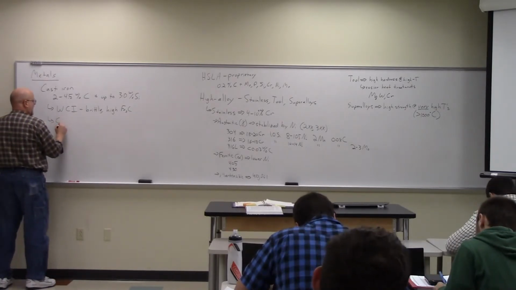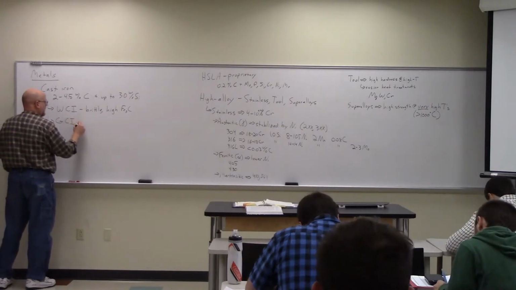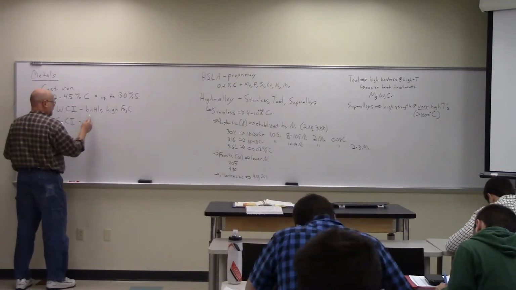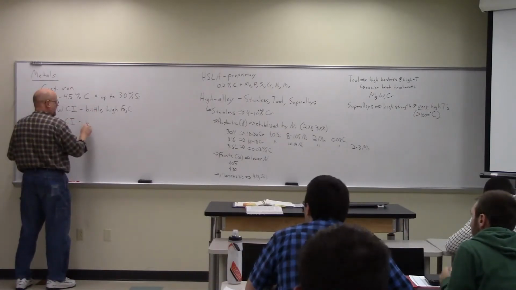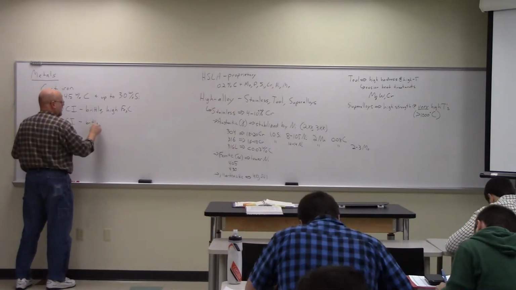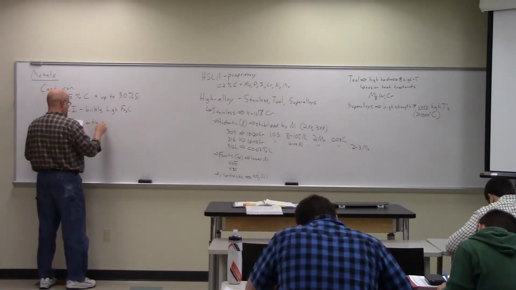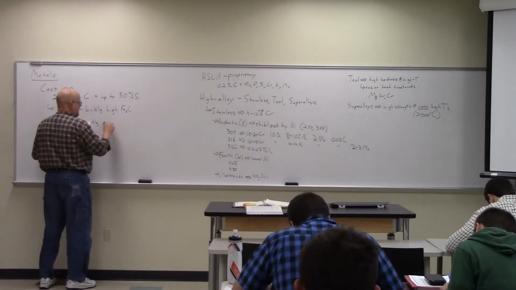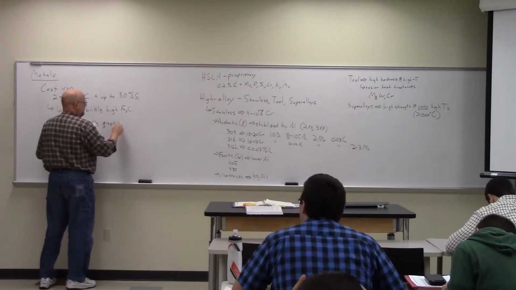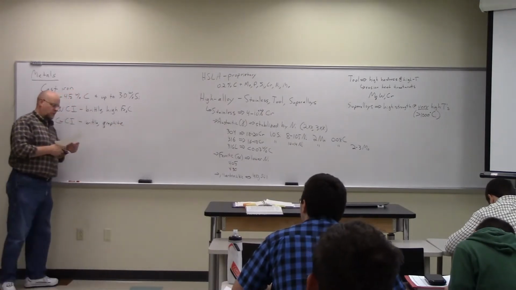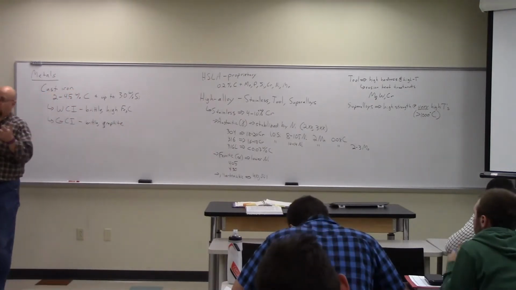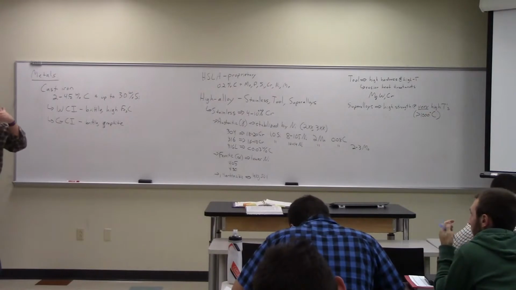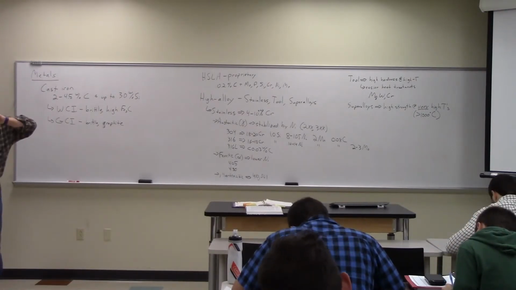There's gray cast iron, in which it's still brittle, but now because we've included the silicon, we form graphite. That's why it's called gray cast iron, because the gray graphite shows up in the middle, especially if you break it.